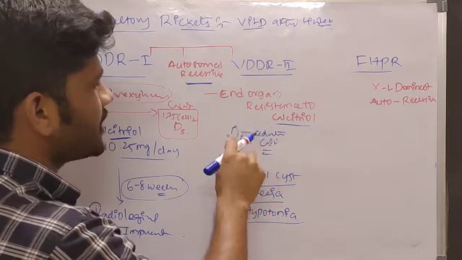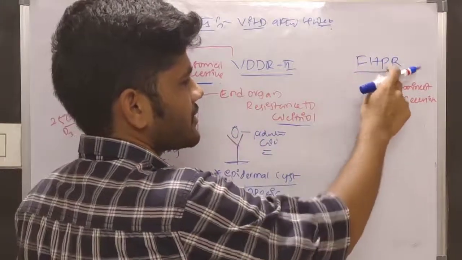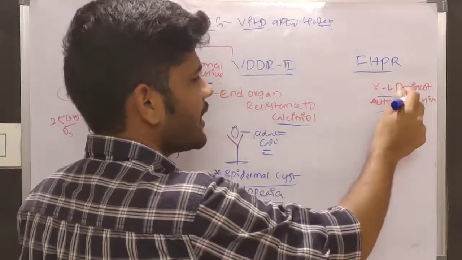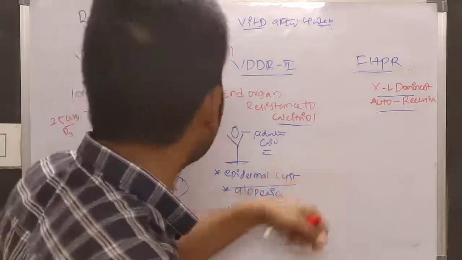Familial hypophosphatemic rickets can be X-linked dominant or autosomal recessive. We'll talk about this in detail.